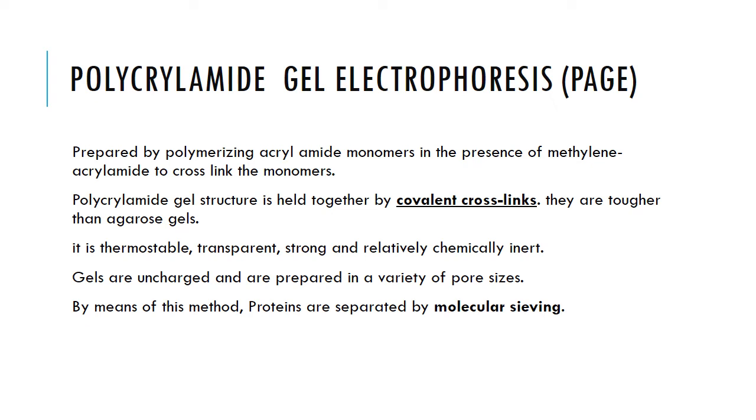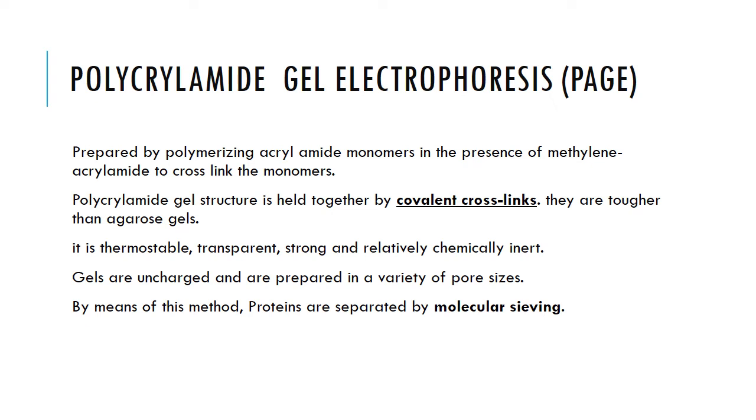So they are going to be cross-linked. Now, when we are talking about the agarose gel, we said that the bonds between the molecules are called hydrogen bonds. But when it comes to polyacrylamide, we are talking about covalent cross-links. So this one is tougher compared to the agarose gel.